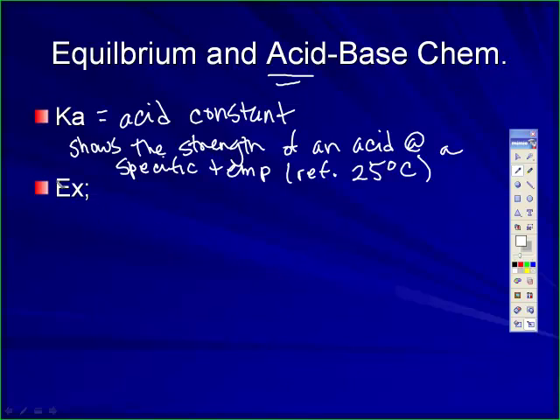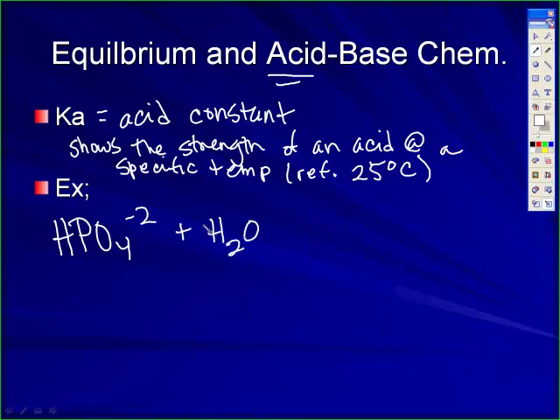Let's take this acid right here, HPO4 2-. Not a bad idea in these types of problems to go ahead and write out your equation first just to make sure your mole ratios and everything like that are good.